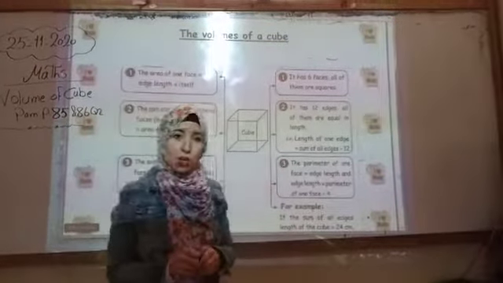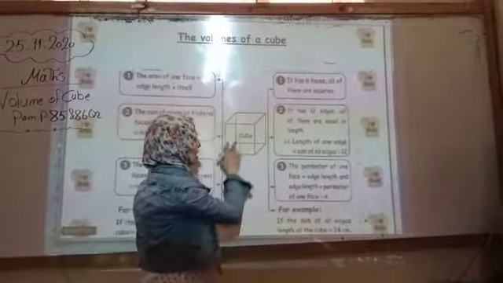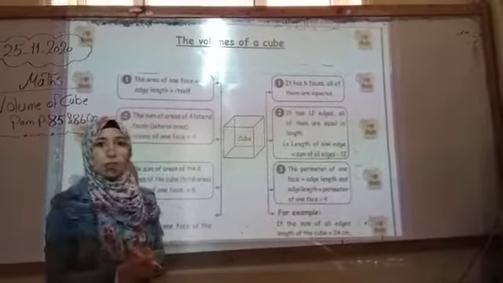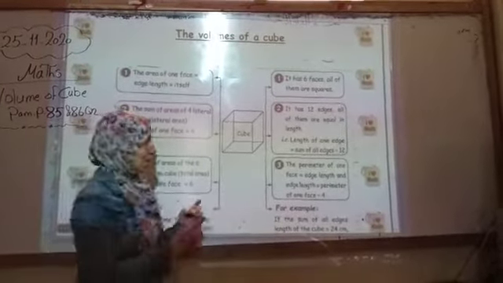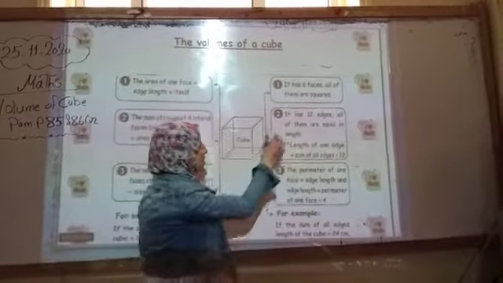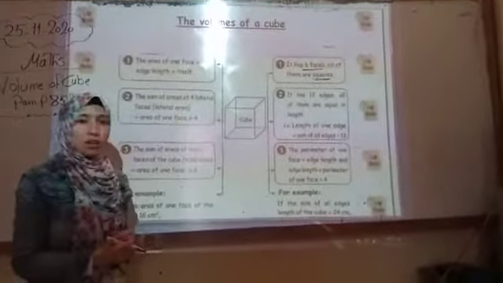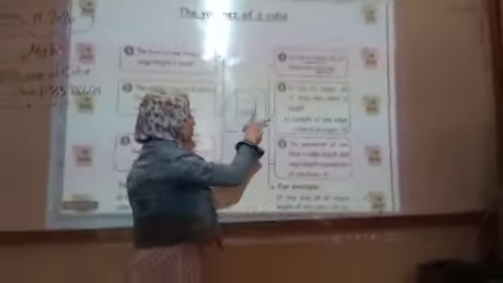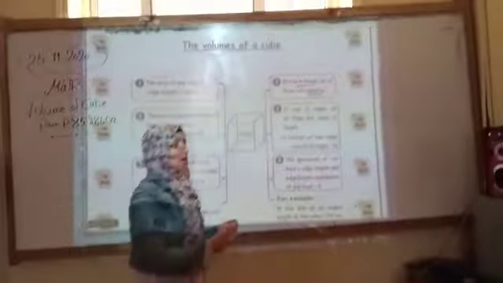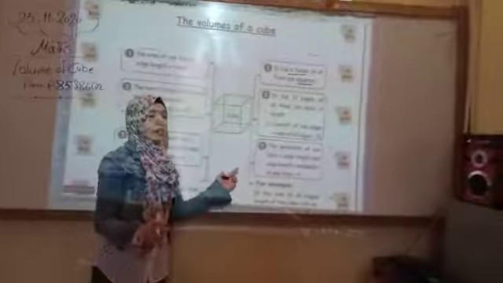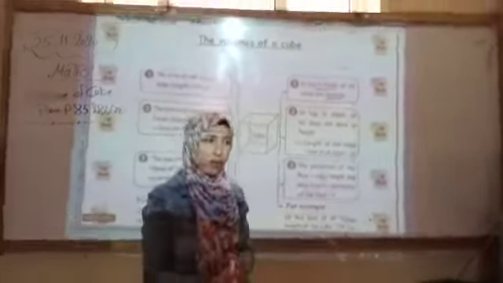All of them are equal because each face in the cube is a square. Okay? Cube, all of the 6 faces are squares. So the sides are equal, so dimensions also are equal.